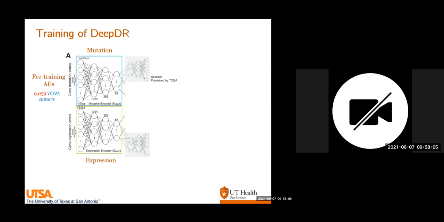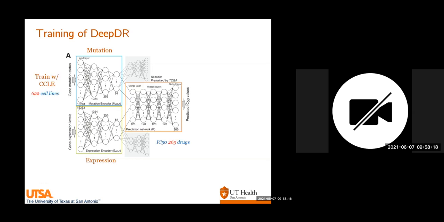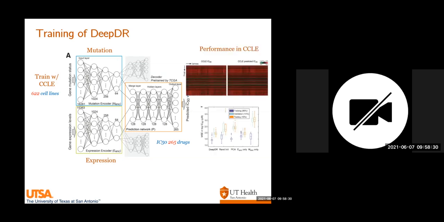So what we did here is we first train autoencoders without the need to have so-called labels or drug responses. And then afterwards, we add a deep model on the encoders of each data type, mutation and expression, to combine them together to predict drug responses.